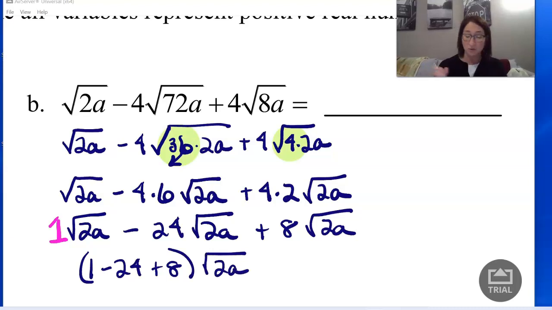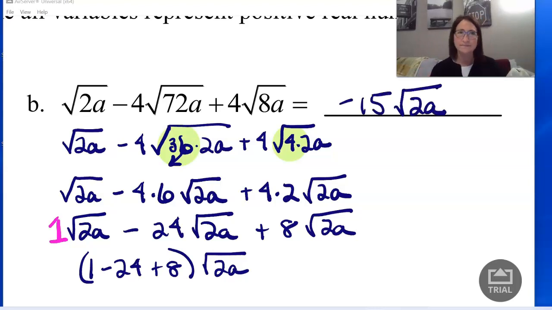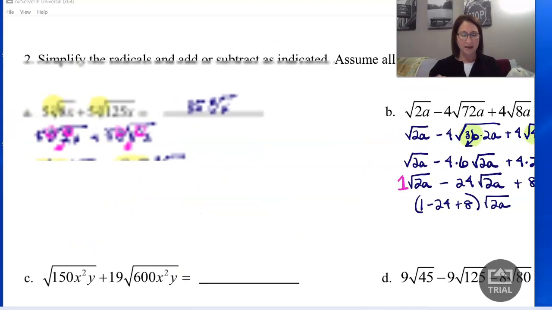And so that is going to give me a negative 15, because 1 minus 24 is negative 23, plus 8 is going to give me negative 15 square root of 2a. Beautiful. Let's look at another one.